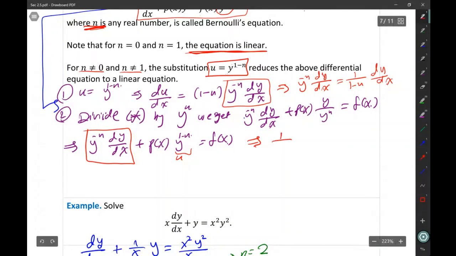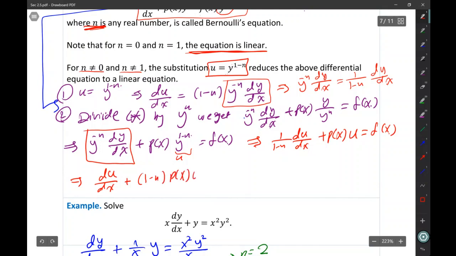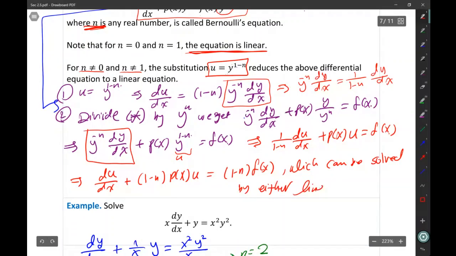Then you can rewrite your equation as 1/(1-n) du/dx + p(x) u = f(x), which implies du/dx + (1-n) p(x) u = (1-n) f(x). This can be solved by either linear or separable methods.